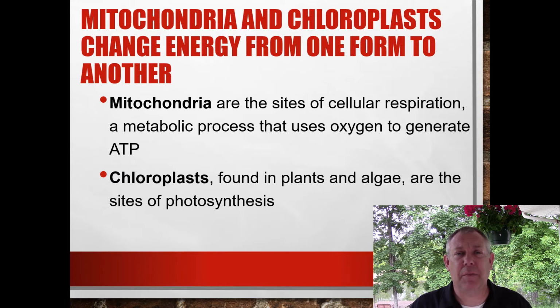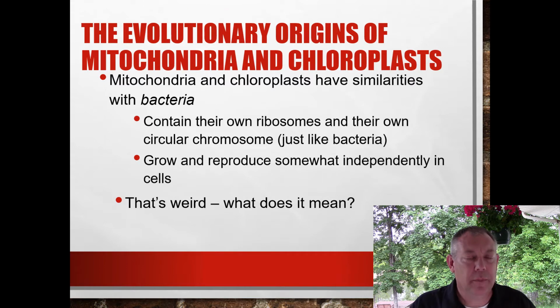There are photosynthetic bacteria, but they don't have chloroplasts. They're prokaryotes. But this is where, again, you're changing energy from one form to another. You're capturing light energy and you're turning it into chemical energy. What's interesting about mitochondria and chloroplasts, we talk about them together not only because they're the sites where energy is transformed, but they both have similarities with bacteria.